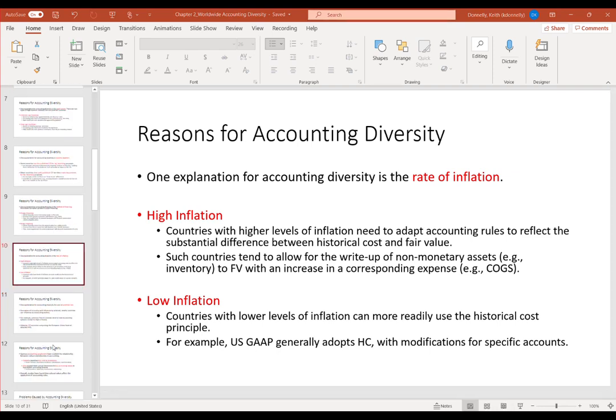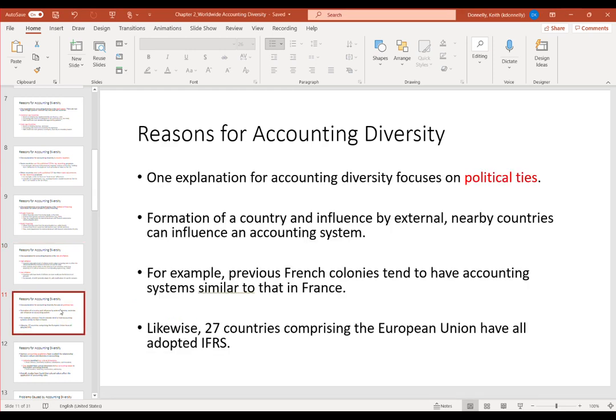So continuing here, politics also come into play. As I have here, the formation of a country and the influence of external nearby countries can influence an accounting system. So, for example, previous French colonies tend to have accounting rules that are similar to France. Okay, that makes sense, right?